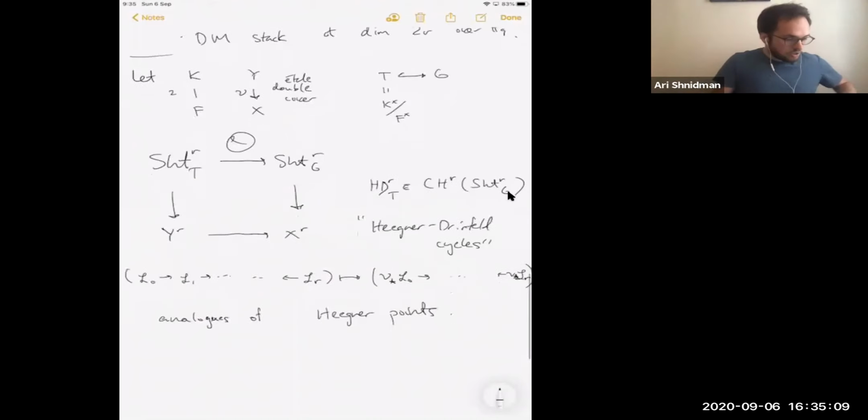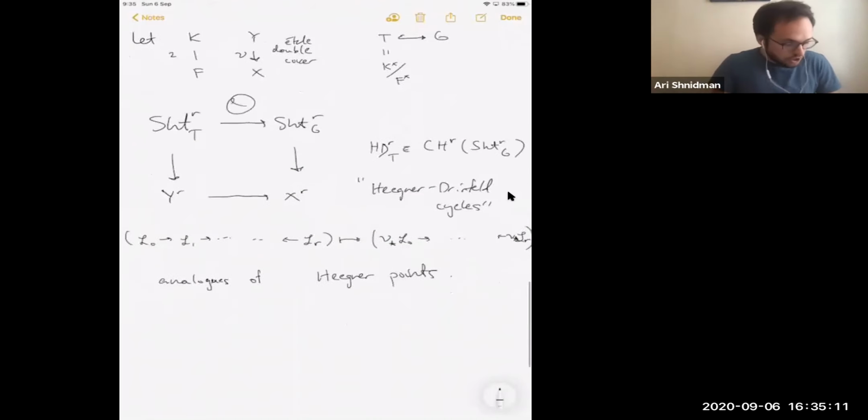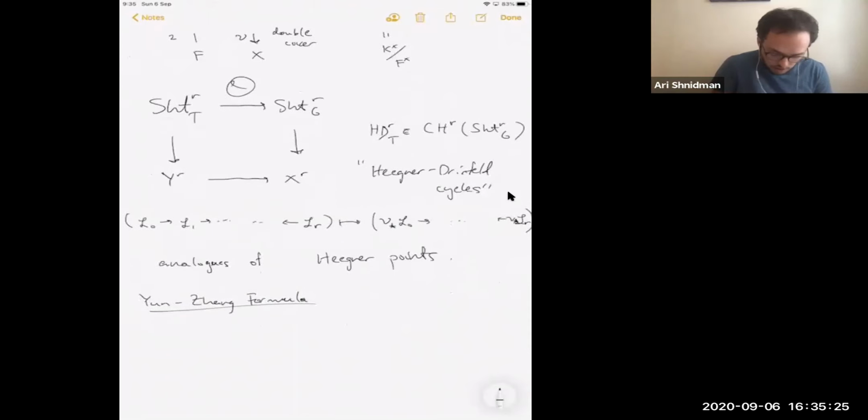The reason why Yun and Zhang consider these is they use these to give their special value formula. So the Yun-Zhang formula, and I'm going to lie a little bit, I'll ignore certain details about their formula just to make it as simple as possible.